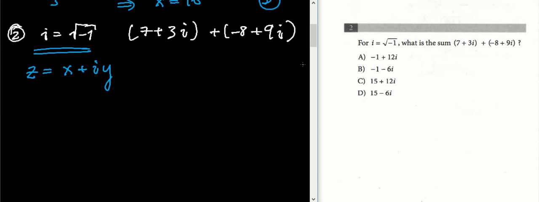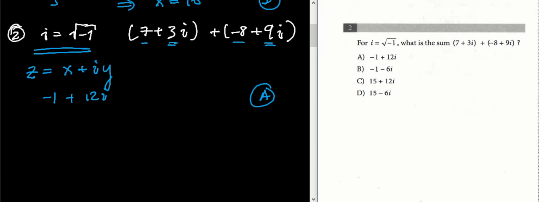So we would combine the coefficients of 1, which in this case are 7 and negative 8, and then i, which in this case are 3 and 9. So 7 plus negative 8 is negative 1, and then 3i plus 9i is 12i. So that's really all there is to it. You just have to combine like terms, and you'll get the right answer. So that's the second problem solved.